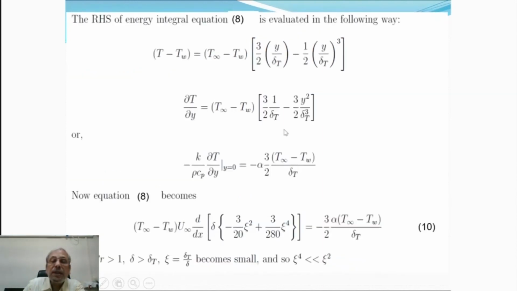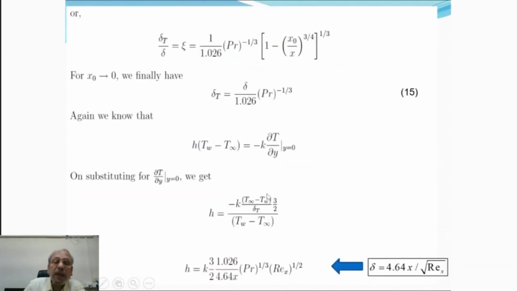We saw this while evaluating delta T. So we recapitulate that. So minus k del T del y is given by T infinity minus Tw by delta T into 3 by 2, and Tw minus T infinity comes from this side. Then this negative sign is taken care of in order to make this Tw minus T infinity.